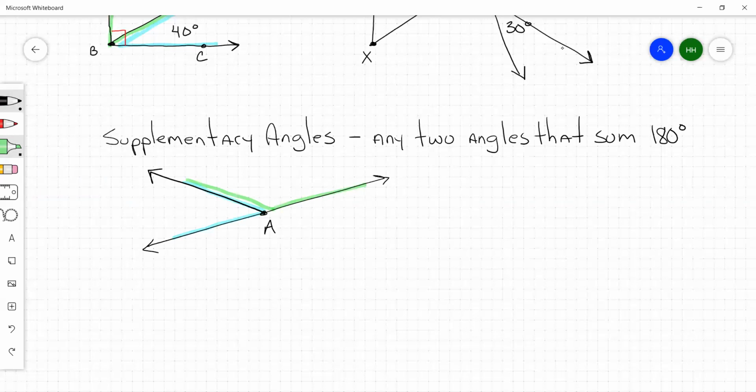You don't need any angle measures on here to see that they're supplementary, because the two angles next to each other, they're a linear pair. All right, they fall under the linear pair category. They're adjacent and they sum 180. That makes them supplementary.